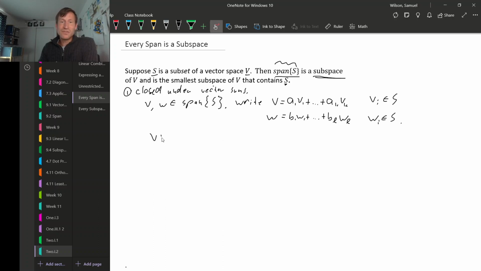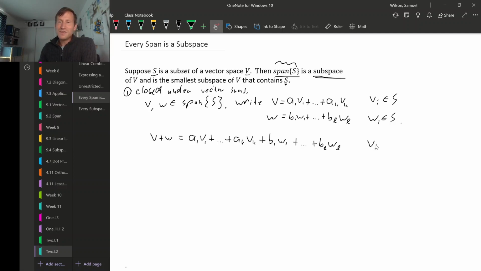Well, that's V plus W, which is all of these plus all of those: A1V1 plus dot dot dot down to AKVK plus B1W1 plus dot dot dot plus BLWL.